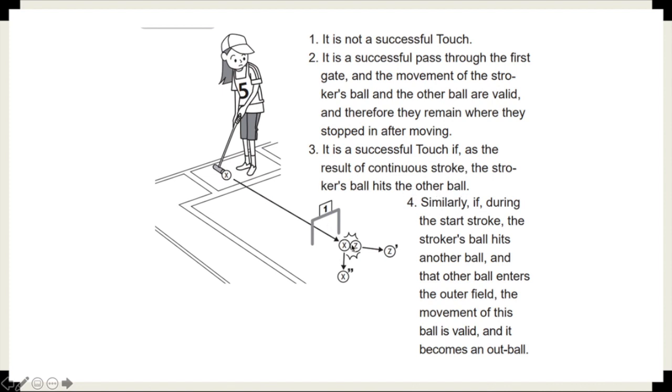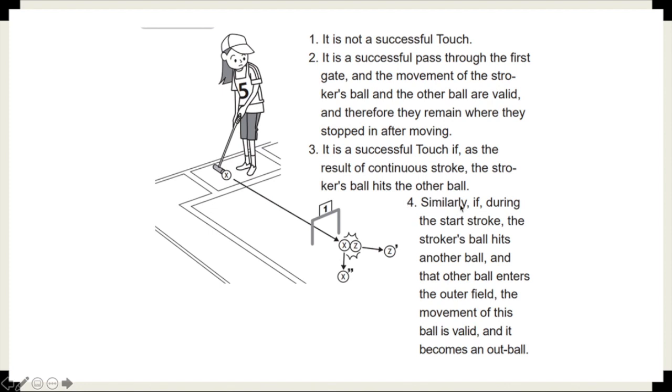So you see ball X has struck ball Z. Now remember, that's not considered a successful touch, even though they both finished as in balls, and even though ball X technically, and I hate the use of the word touch here because of the way the rules are, but that's just how it's translated, has made contact with ball Z. However, ball X is permitted, as a result of gaining the continuous stroke from the passing of gate 1, to then attempt to touch ball Z.